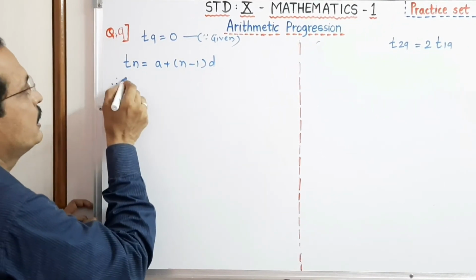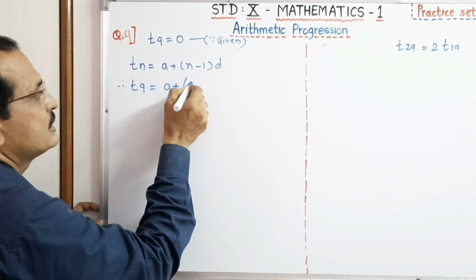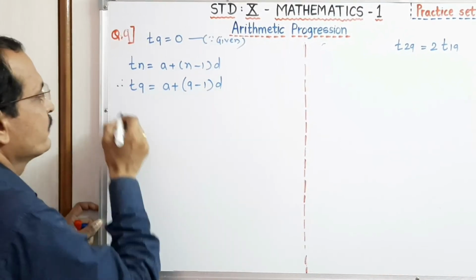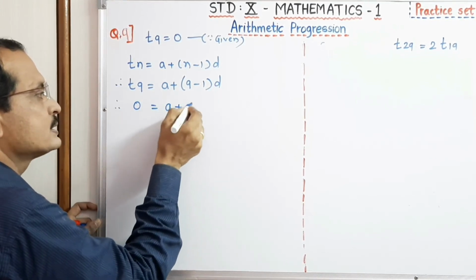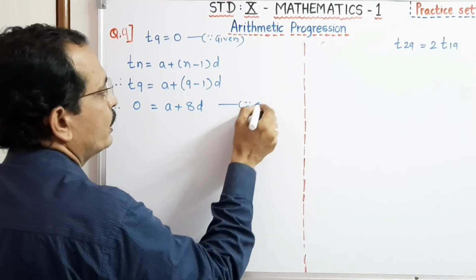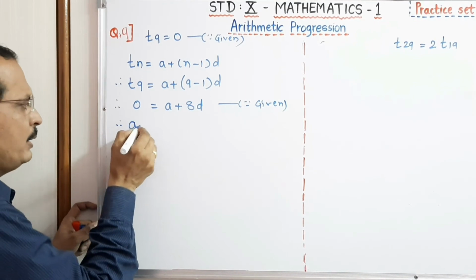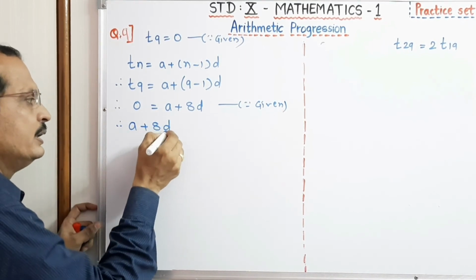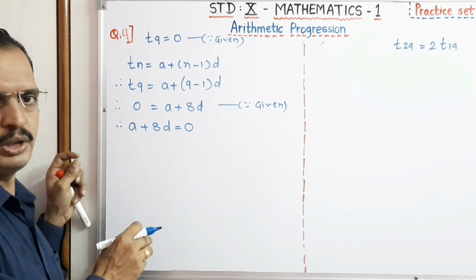Now see here, T9 is equal to A plus 9 minus 1 into D, and T9 is given as 0, so 0 is equal to A plus 8D. Dear student, here we have to write given. Now see here, A plus 8D is equal to 0. This is the most important thing.